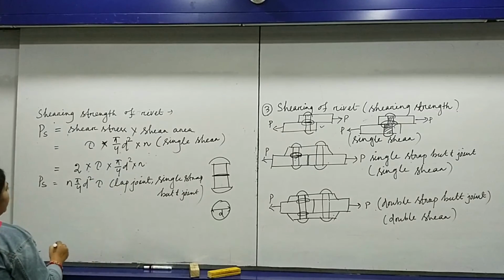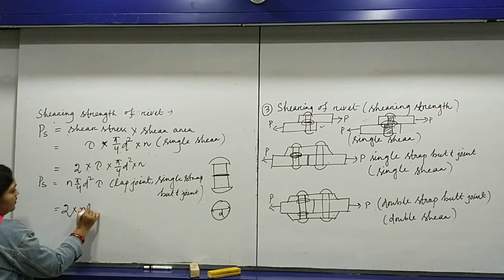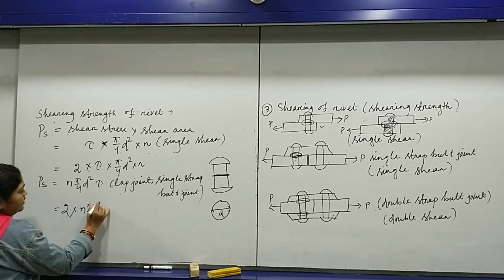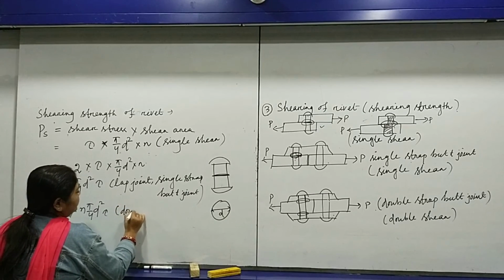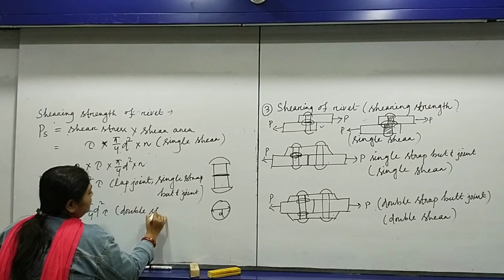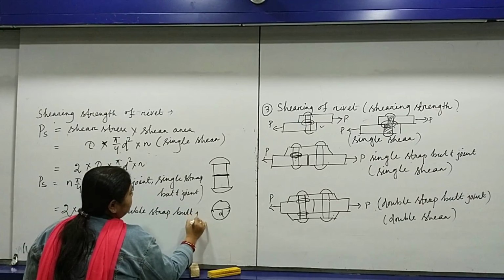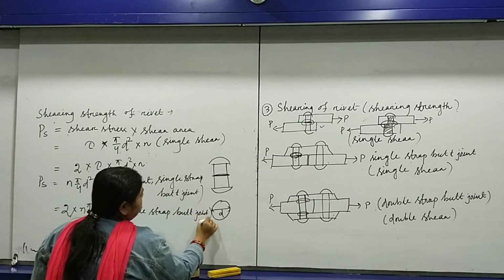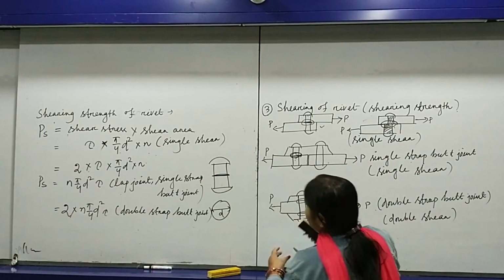Right? And for double shear, we multiply 2 into n pi by 4 d square tau for double strap butt joint. Right? It is the shearing strength of a riveted joint.